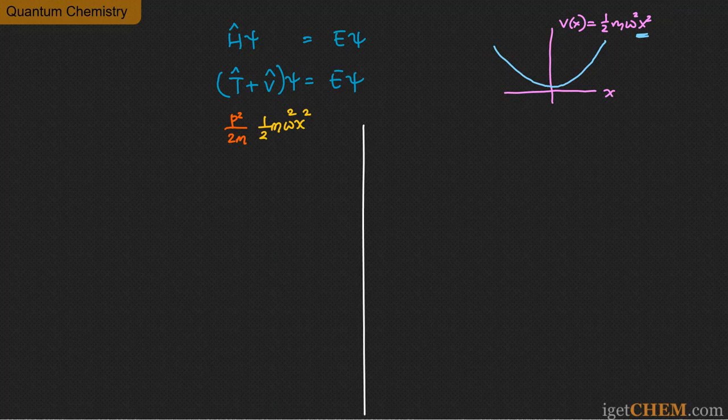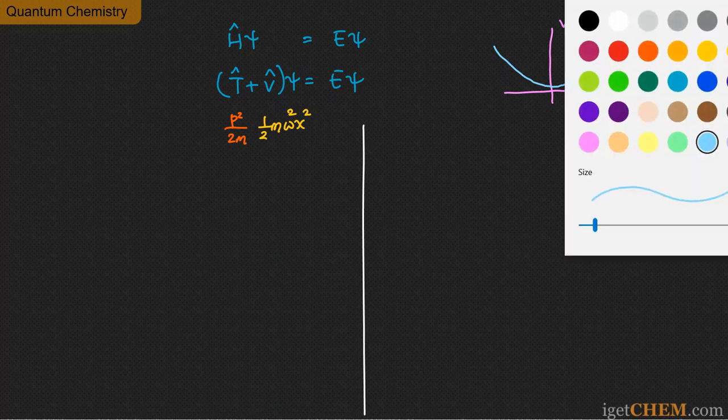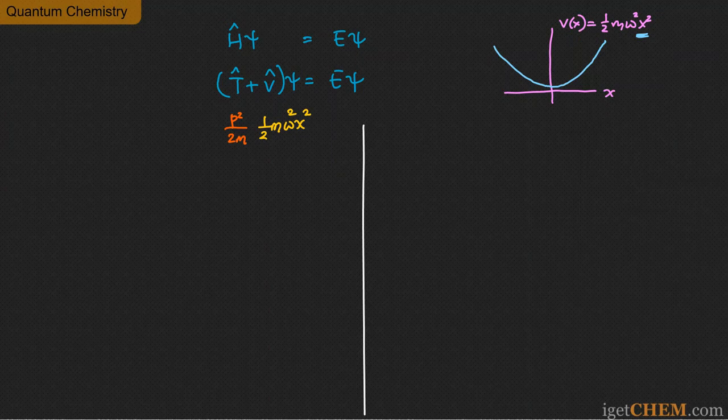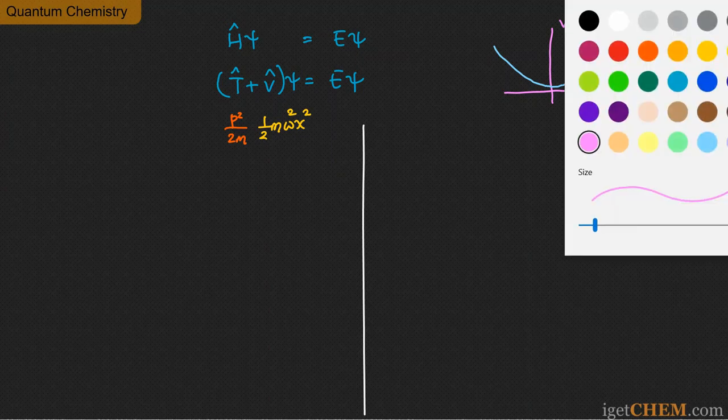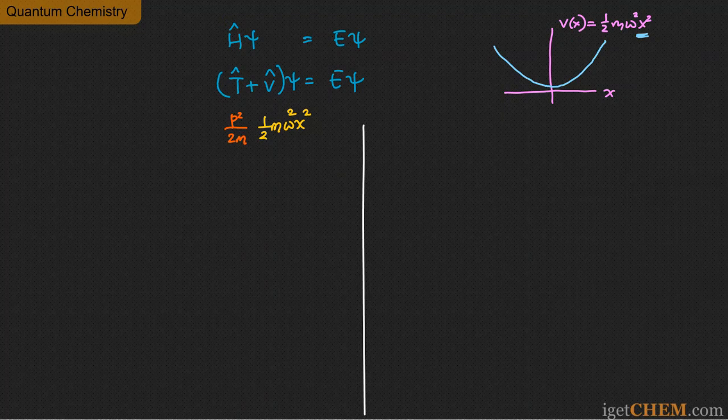So what we can then do, if we take the Schrodinger equation with those two terms and write it down explicitly for the harmonic oscillator, then we will get these two terms. In quantum mechanics, p squared over 2m will go to minus h bar squared over 2m d squared dx squared.